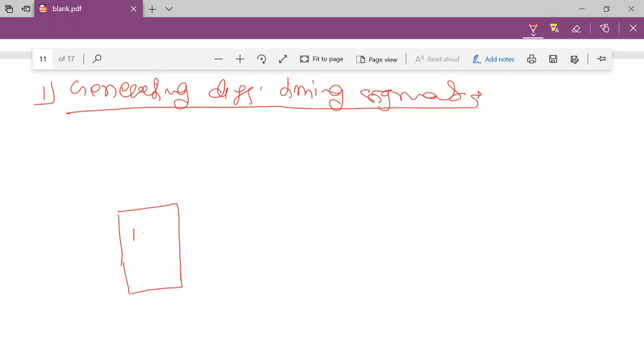Suppose I am using a modulo 8 counter. So, there would be a 3-bit output. And I am feeding this 3-bit output to a binary decoder.